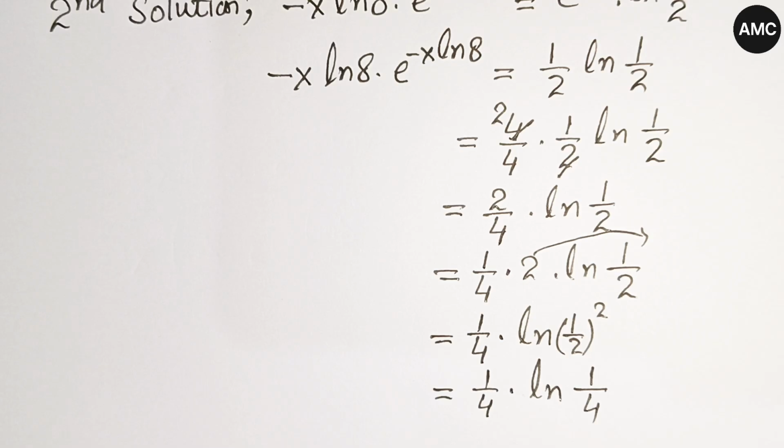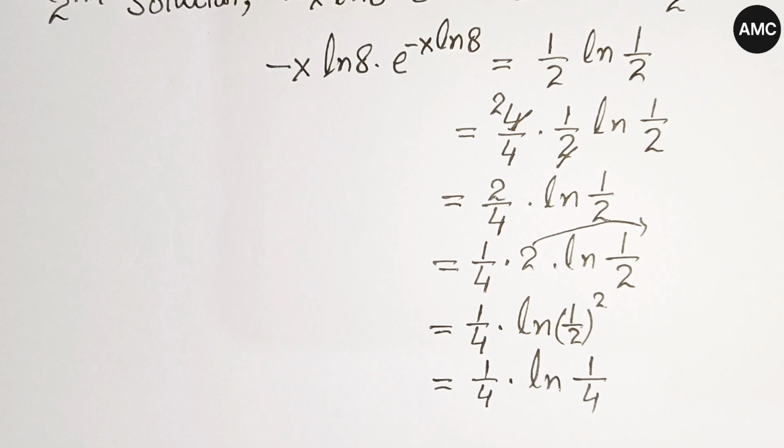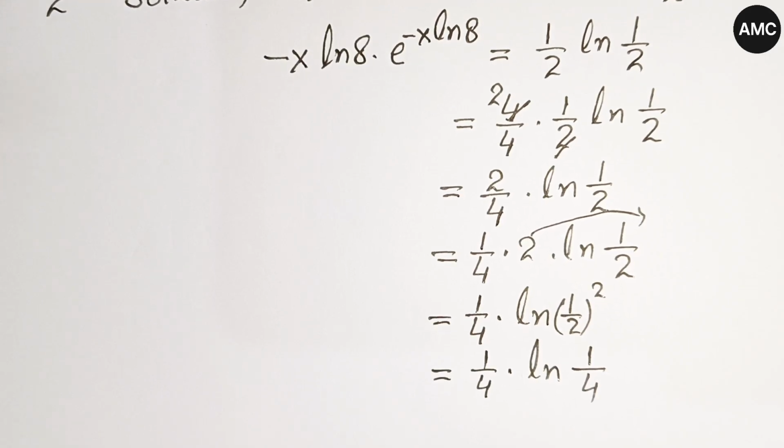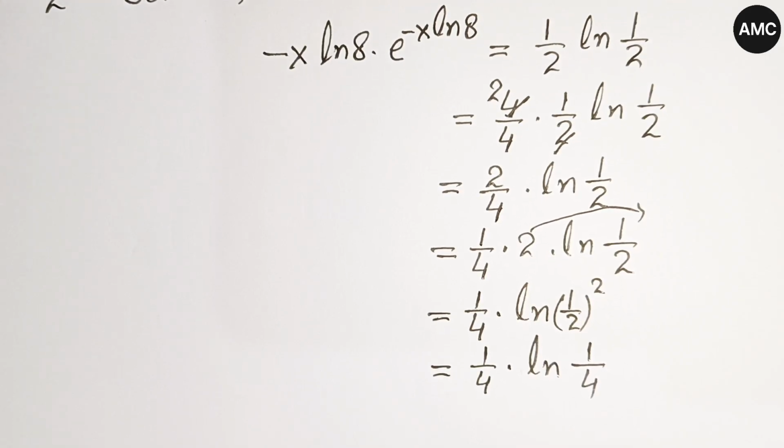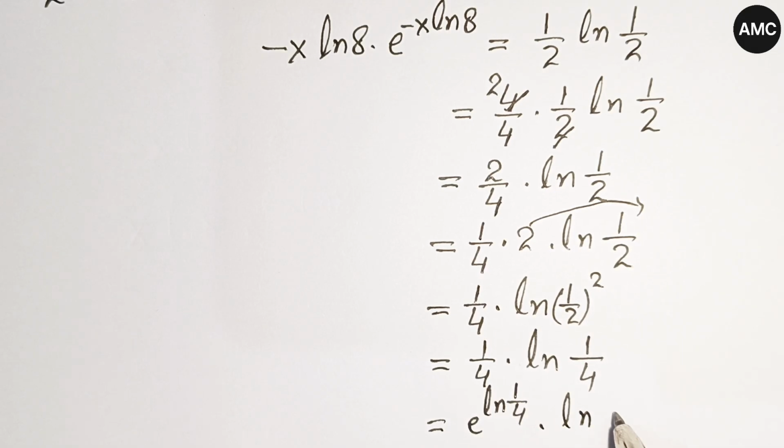Now here we can use the Lambert W function. For this purpose we have to write that exponential here. So this 1 over 4 can be written as e to the power natural log of 1 over 4, times natural log of 1 over 4.